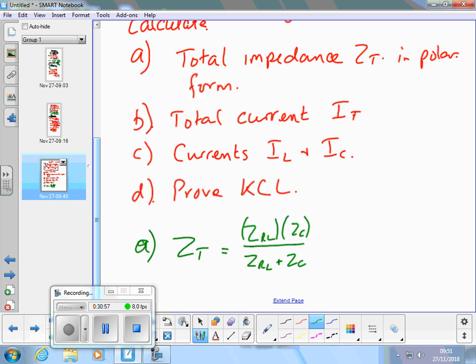Top line, if you convert these to polar, you can multiply them together, and then convert the denominator to polar after you've added it, and then you can do the overall division. So add the bottom line together in rectangular form, convert it to polar, multiply the top line together in polar form, and then do the final division.